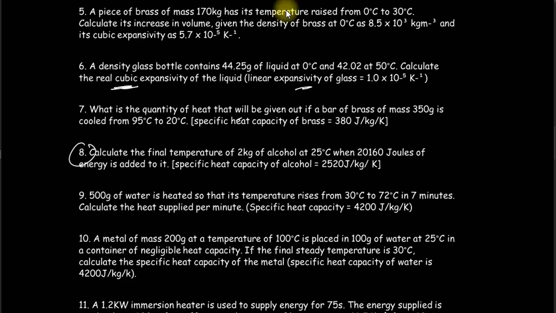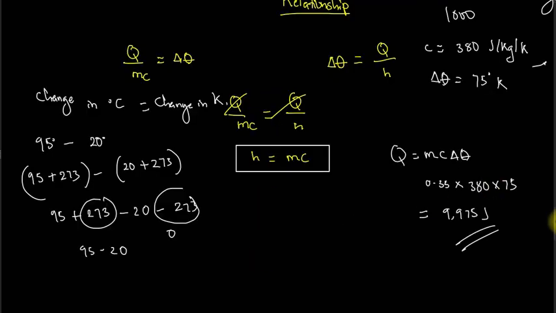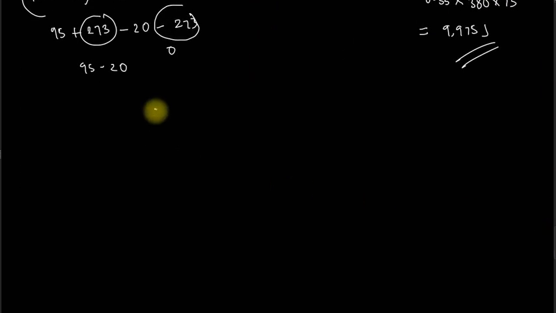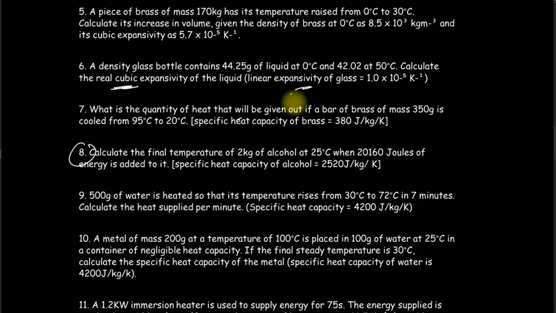So mass is 2 kg. The initial temperature is 25 degrees. Alcohol has a specific heat capacity of 2,520 joules per kilogram per Kelvin.